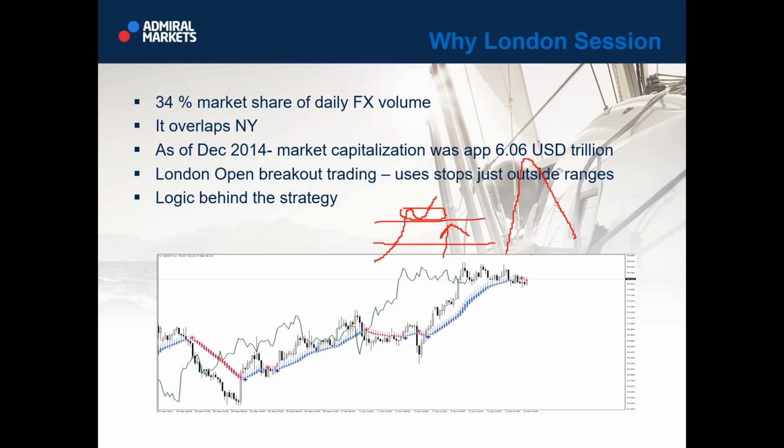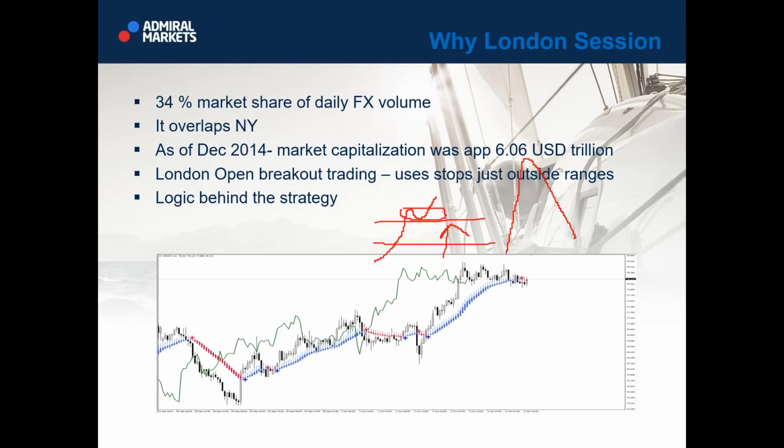Maybe it's advised to stay out of Monday and Friday and try to trade it during Tuesday, Wednesday, Thursday, because usually Mondays and Fridays can be worse for the London Open breakout, and usually Thursdays can be statistically better. So try to trade it during Tuesday, Wednesday, and Thursday. Try to avoid Monday and Friday, definitely.